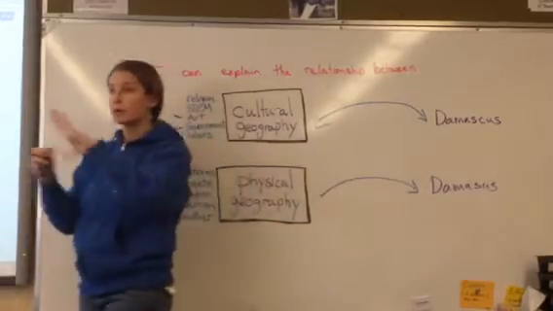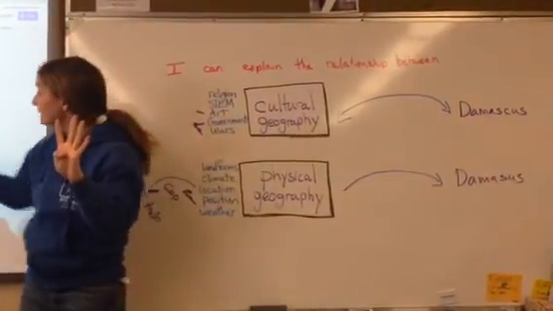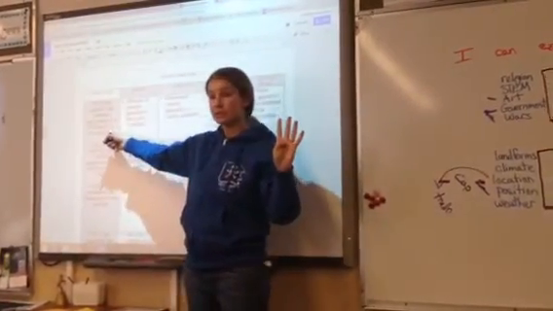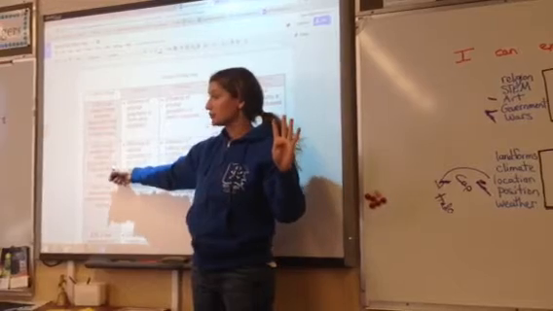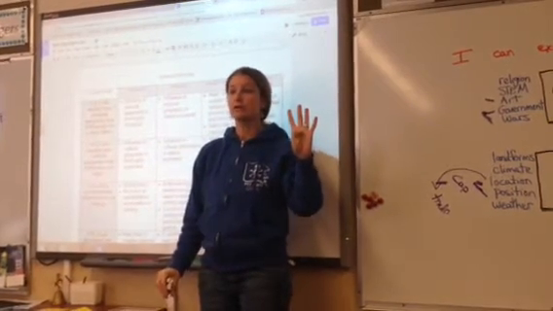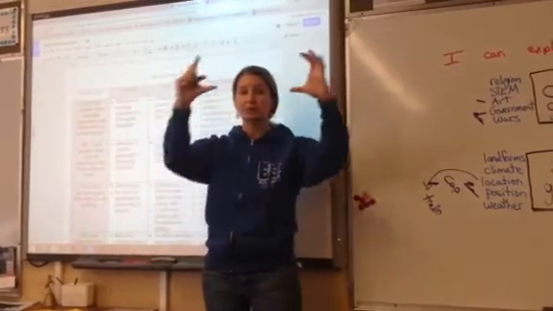Now we have four text boxes in our blog. Are we hitting these targets of explaining how physical geography influenced your topic and how cultural geography influenced your topic? Yes. Now you're showing me that you understand how geography in general influences an idea.